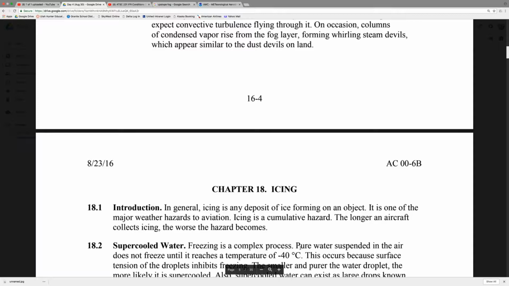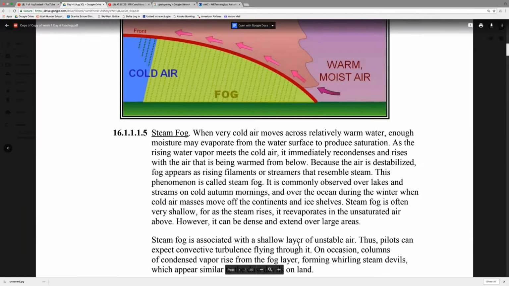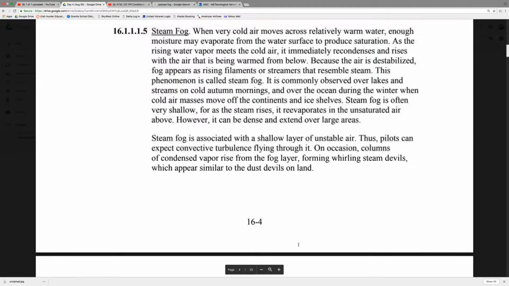It's pretty common to see steam fog. Steam fog's really thin and light. Typically not a big deal, and it goes away pretty quickly.